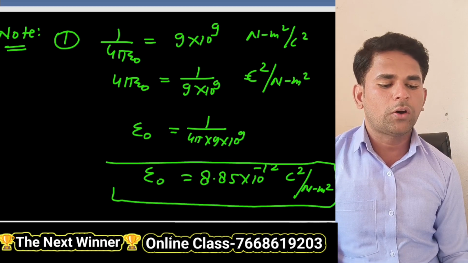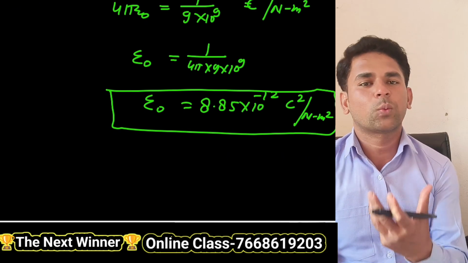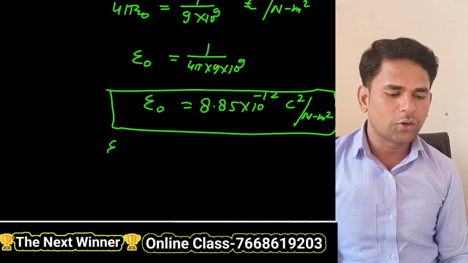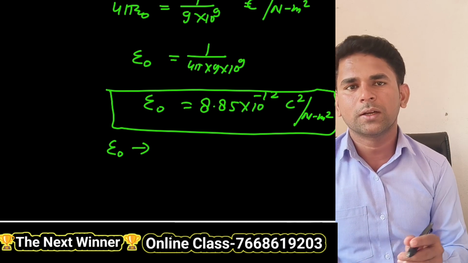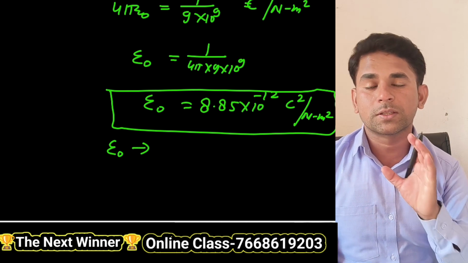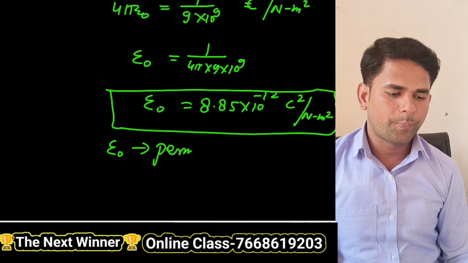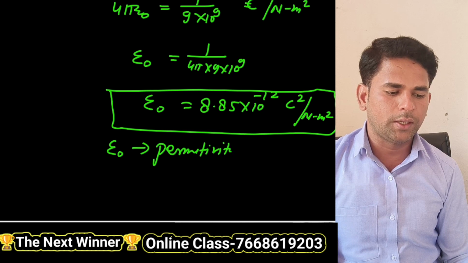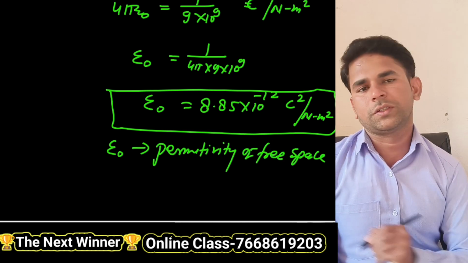So this is the value of epsilon naught. You may ask, sir, what is epsilon naught? Epsilon naught means absolute permittivity, or the permittivity of free space.